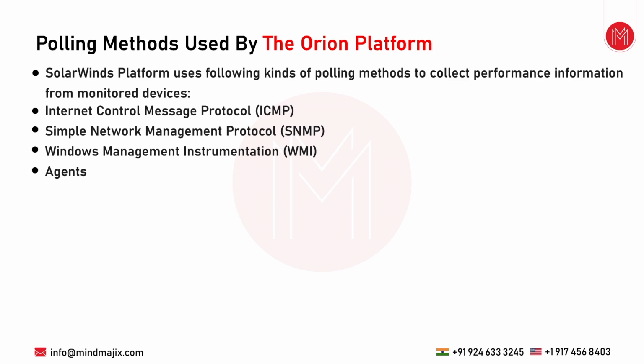And agents we'll be using for Unix and Windows servers, to install the SolarWinds agent software on them, and this software will be helping. So in detail, you will be able to understand when we show the live demonstration in the future classes.